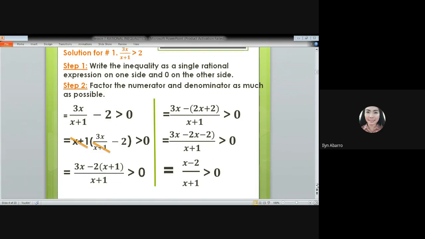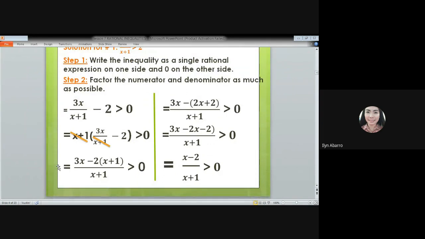As you can see here, class, we still write the LCD because this is subtraction. Unlike before in rational equations, where we cancel out the LCD and no longer write it. But this is subtraction, so in subtraction, we still need to write the LCD as the denominator.